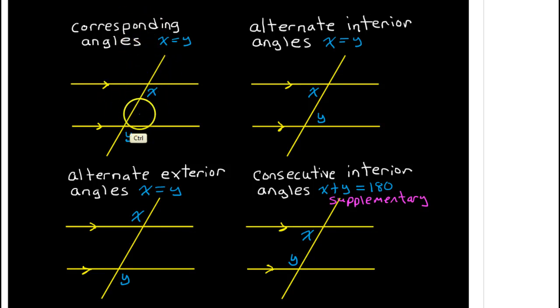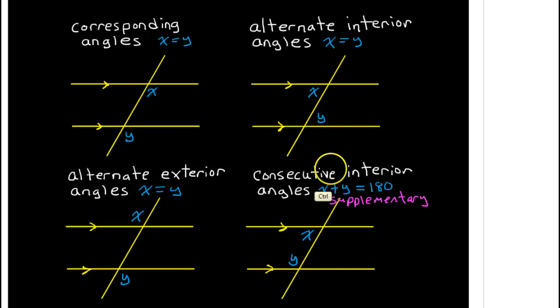So angles like X and Y that are in the same position, like lower right and lower right, those are corresponding angles. Angles like these are alternate interior. Angles like these are alternate exterior. And angles like these are consecutive interior.